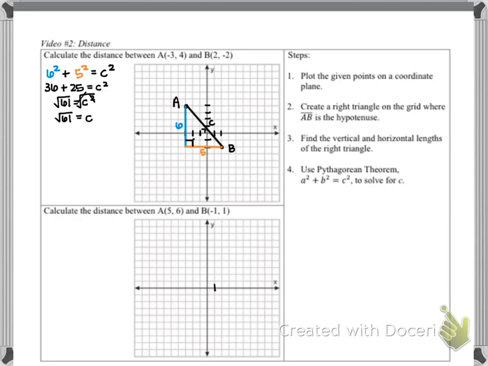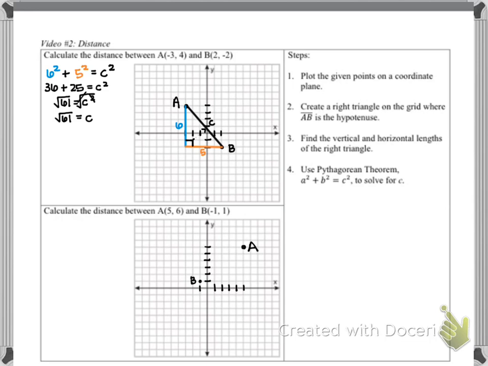I would plot my point: 2, 3, 4, 5, 1, 2, 3, 4, 5, 6. So I've got my point A up here, and then I would plot my other point, which is -1, and I already have 1 right there. So that's my point B.